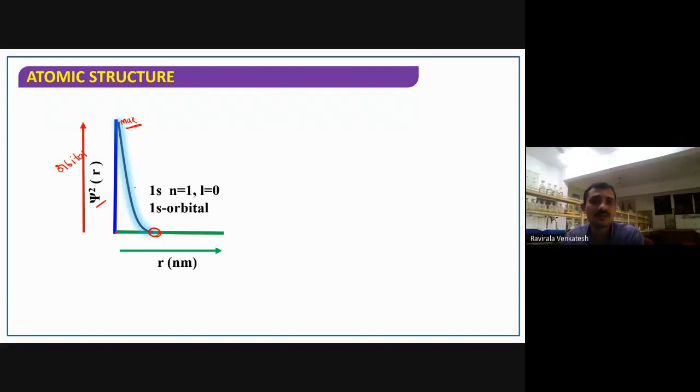Now, as the distance increases, the probability of finding the electron goes almost to 0. So this is possible for the 1s orbital, because the 1s orbital is near the nucleus, where the probability of finding the electron is maximum. Here we don't find any nodes. We don't have any type of nodes. N is equal to 1, l is equal to 0.